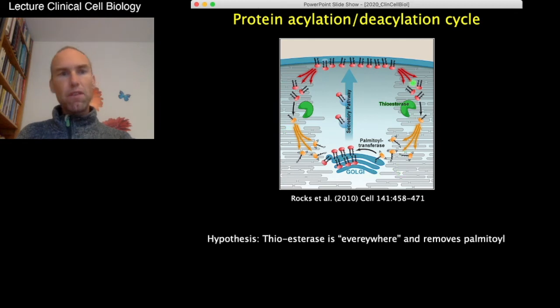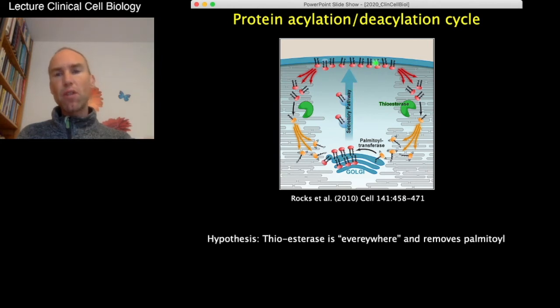Now what happens when these molecules diffuse over the cell is that they encounter this enzyme, the thioesterase, and this thioesterase is capable of cleaving off this palmitoyl group. This will increase the diffusion speed, and these molecules at some point will hit also the Golgi, be palmitoylated again, and then they're trapped on the Golgi, and again via the secretory pathway they will go to the plasma membrane.